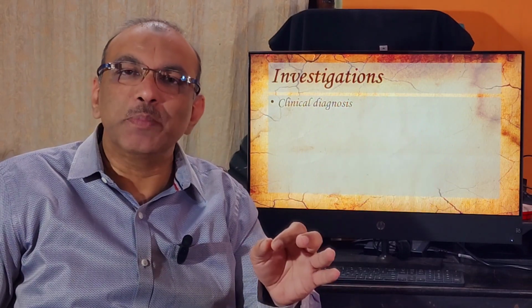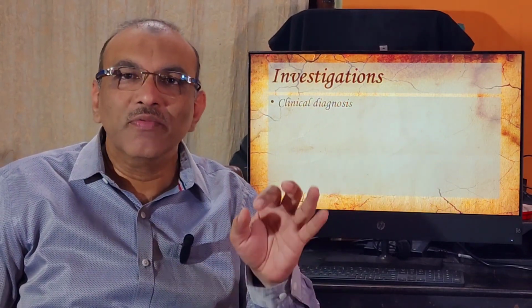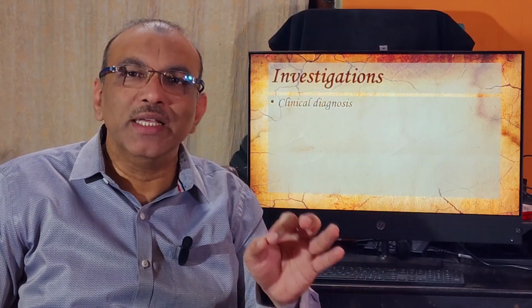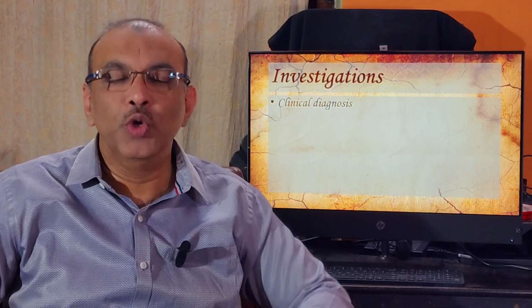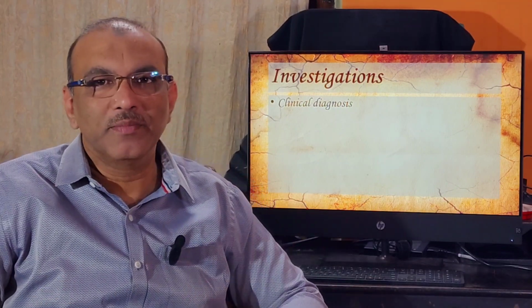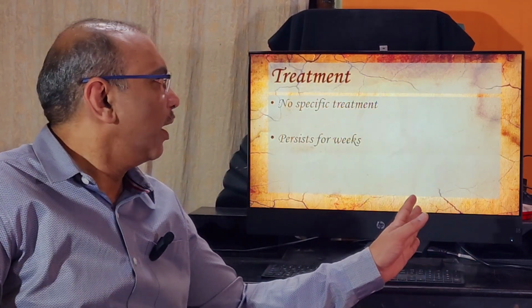We don't need any specific investigation to diagnose this, because the ulceration is confined to the oral cavity and there is no systemic involvement, no complaints associated except for the ulcer. So it's a clinical diagnosis.